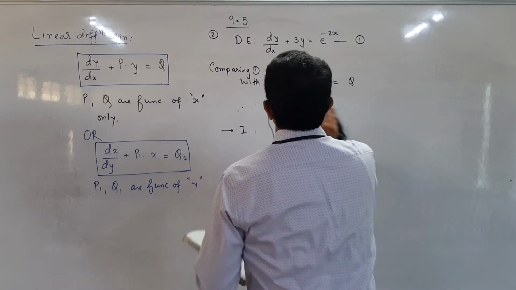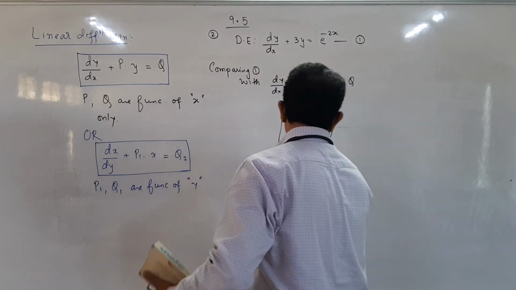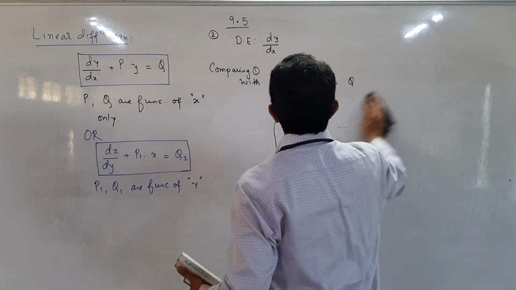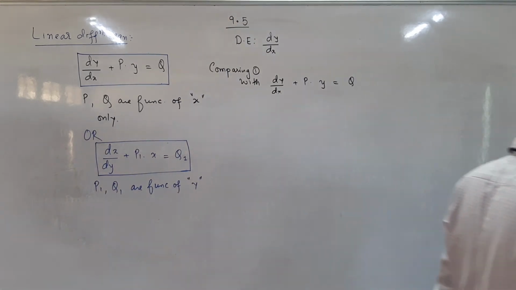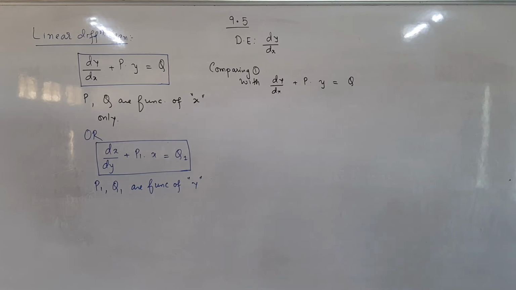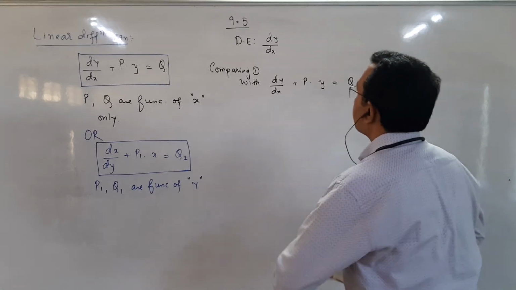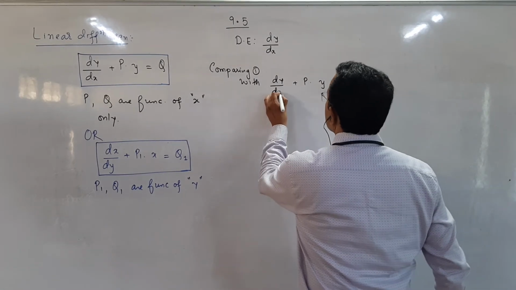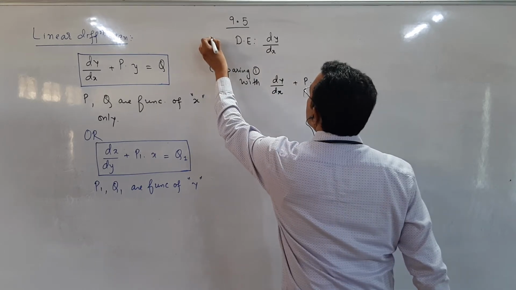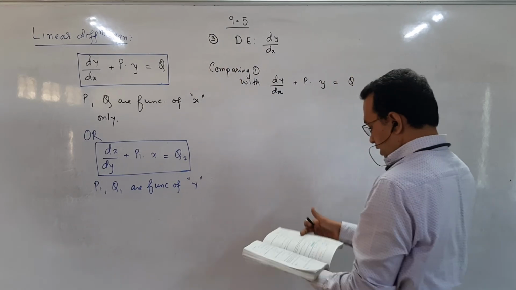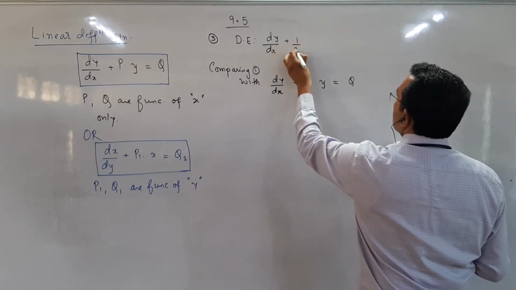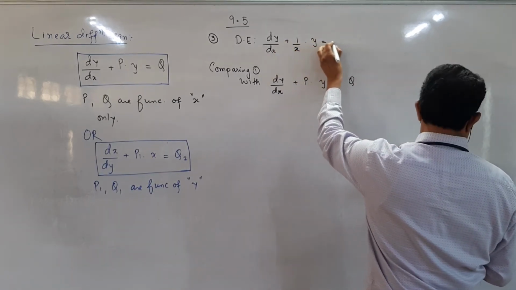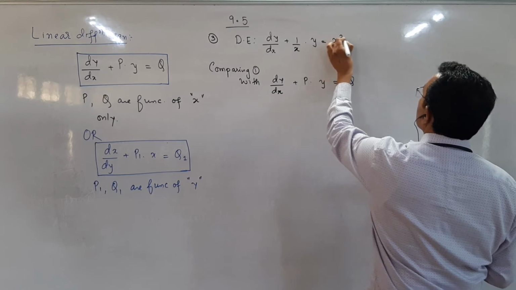Okay students, now we are doing sum number 3. Given differential equation is dy by dx plus 1 by x into y is equal to x square.